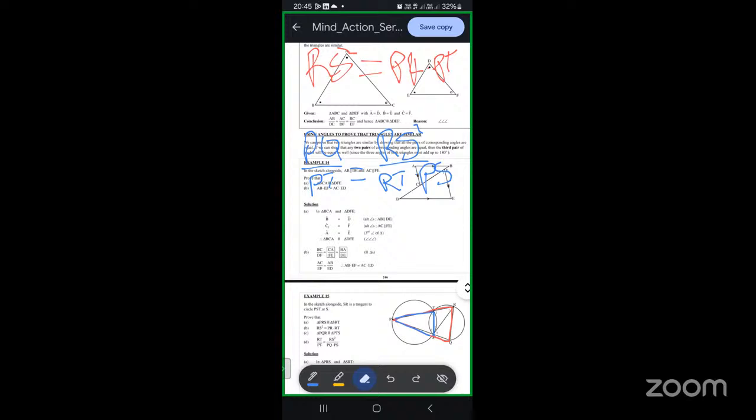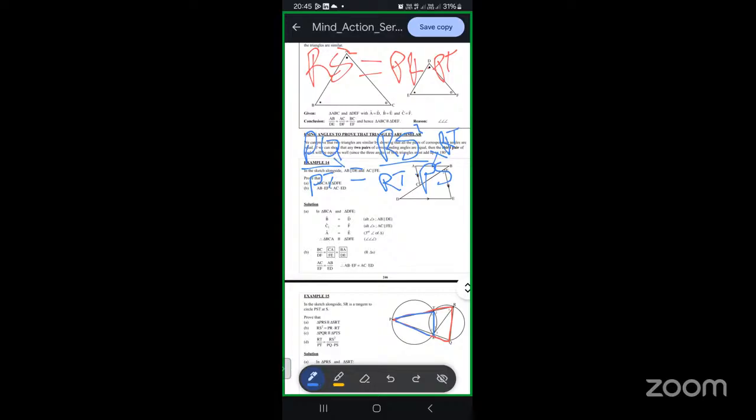Oh, it's now already 8:45 on my clock. Did you get it? No, sir. Okay, let me just continue from this step. Here you can just multiply by RT. Then this is an equation. Whatever you do on the right hand side, you also do on the left hand side.